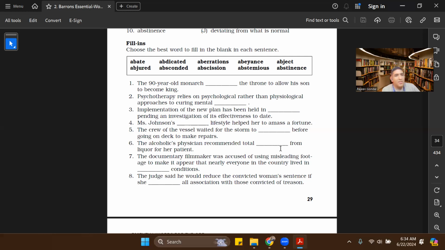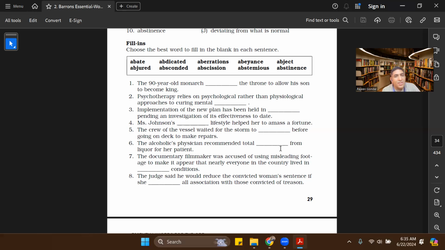That decision is delayed. So implementation of the new plan has been held in abeyance. Abeyance means not yet decided to take action.